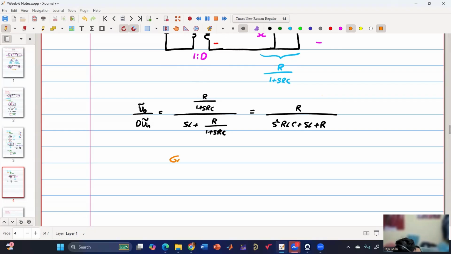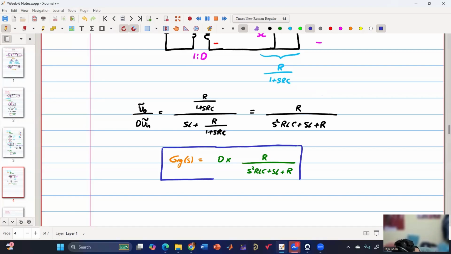GVG of S is D into R by S square RLC plus SL plus R. So this is the audio susceptibility.